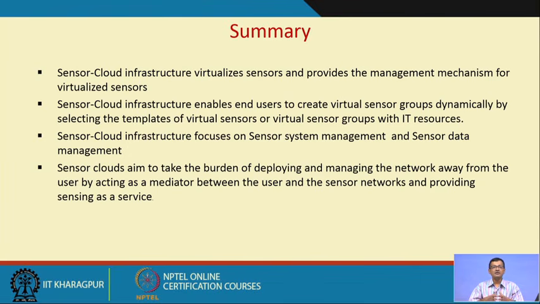The sensor cloud infrastructure focuses on sensor system management and sensor data management, and aims to take the burden of deploying and managing the network away from the user, acting as a mediator between the user and the sensor network. It is a sort of connecting user applications with the deployed sensing environment.